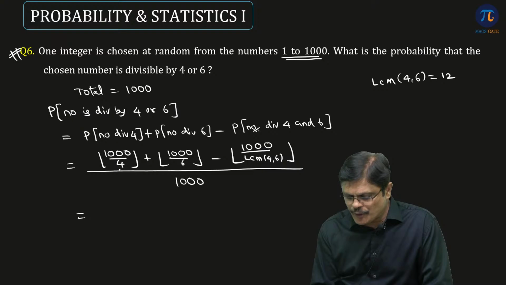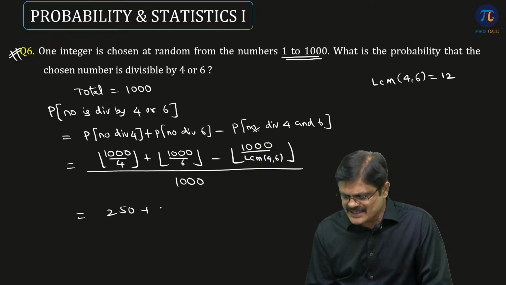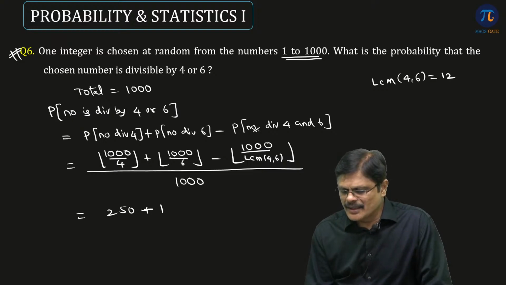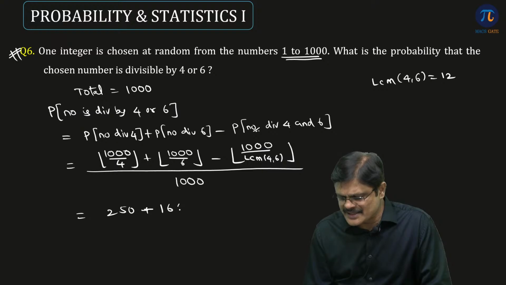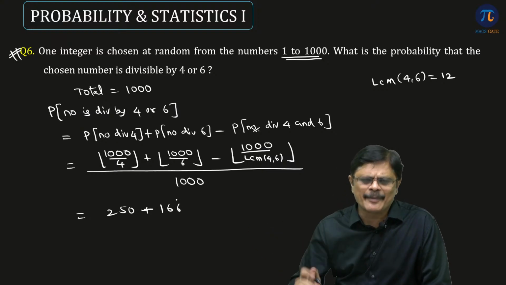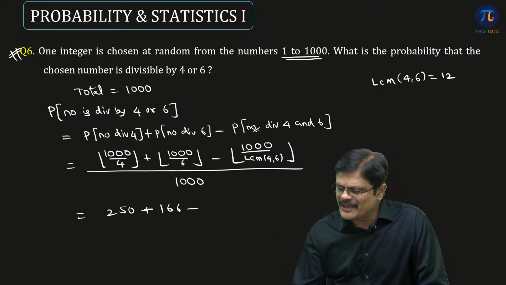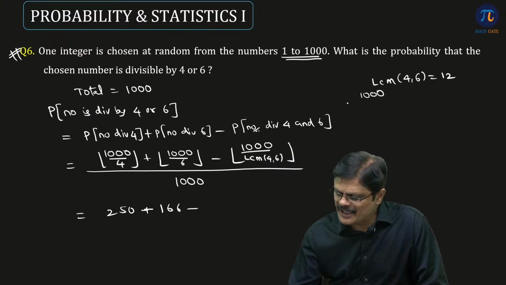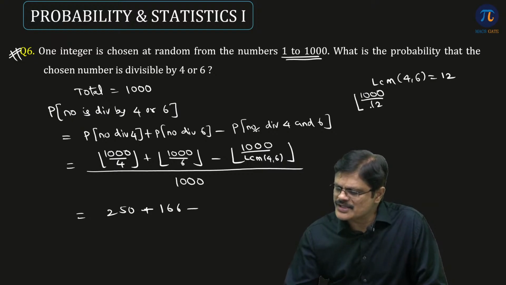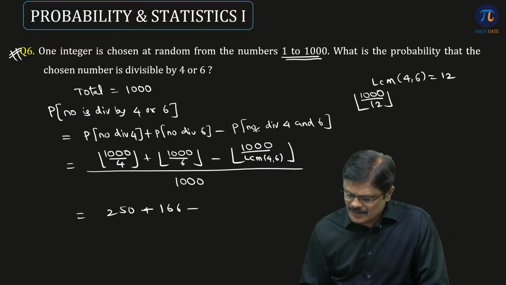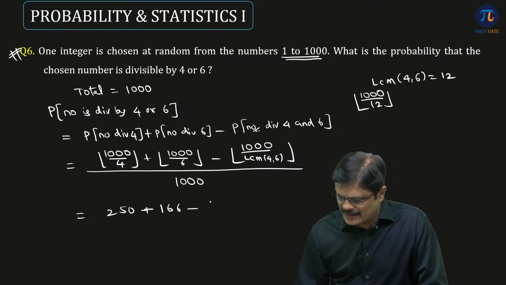So 1000 by 4 means what? 4 twos are 8, 250 it is. 1000 by 6: 6 sixes are 36, so 166. Floor means the decimal part is removed. Now 1000 by 12. So what is 1000 by 12, sir? 12 eights are 96. 12 threes.